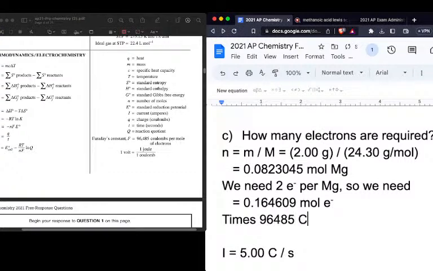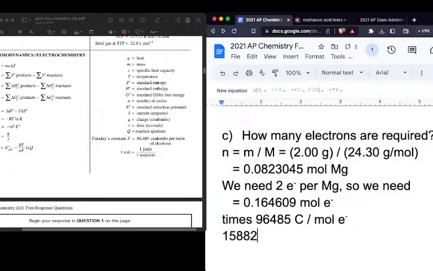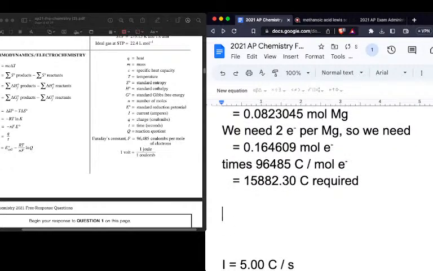I'm going to times it by a rate, that is coulombs per mole of electrons. That should give me the total number of coulombs that I require. That's a charge Q.